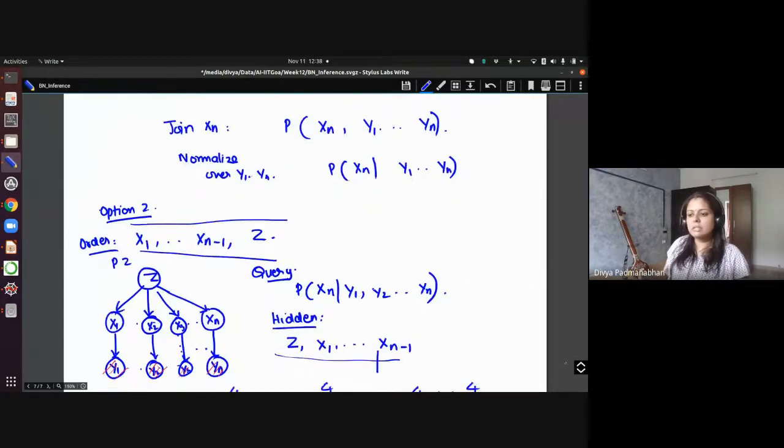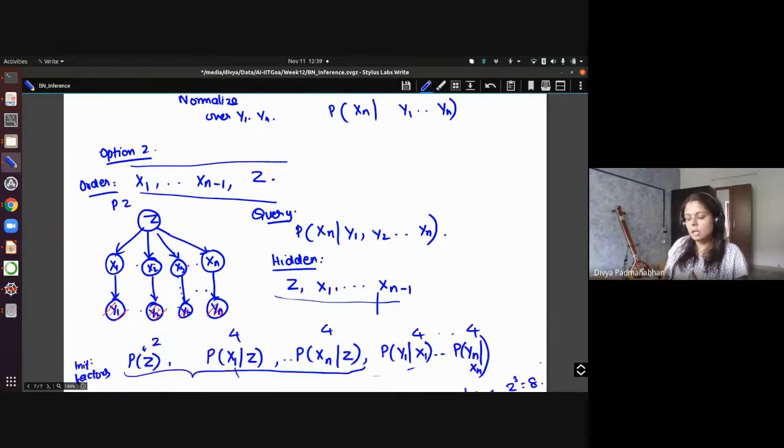One possibility is to choose a hidden variable which leads to the smallest increase in size. You look at all of these, do one step and see how big it's going to be. So it's like a greedy choice, which people do often, instead of trying to write out all the orderings.